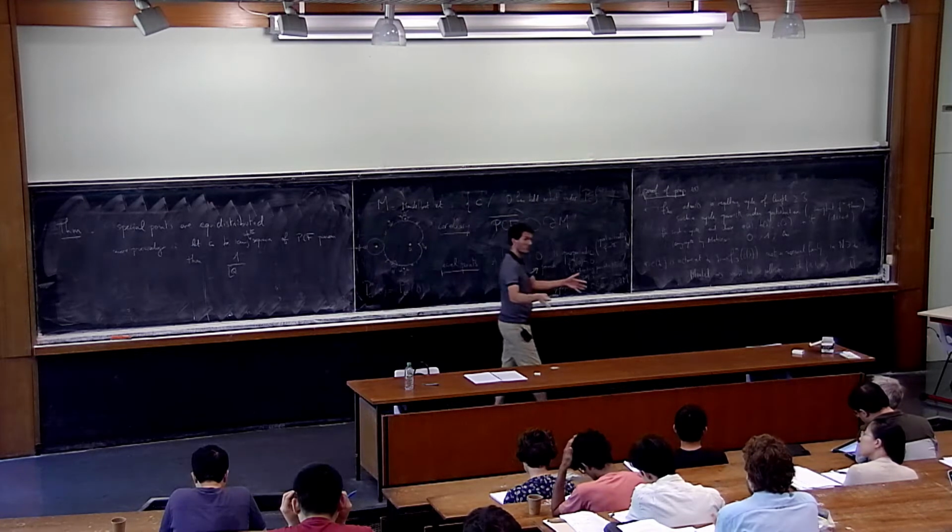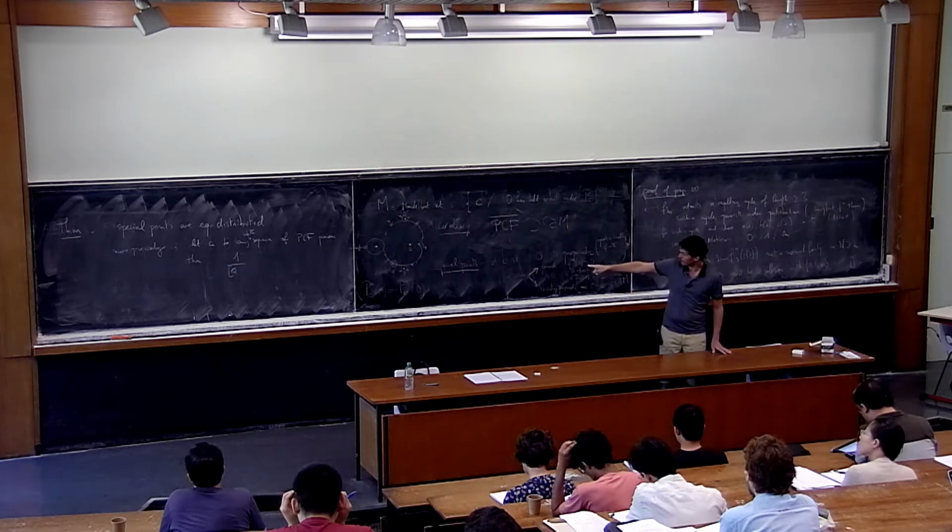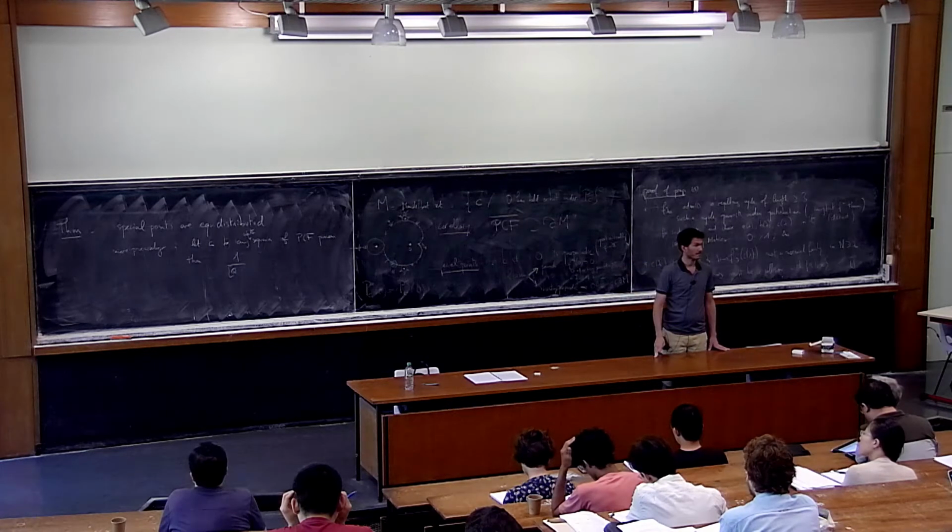If you look at the polynomial z squared plus c, actually this is an equation with integer coefficients. So these points c are certainly algebraic.